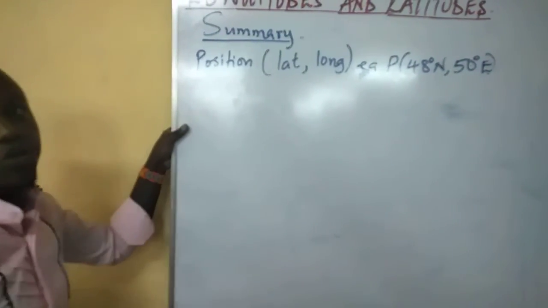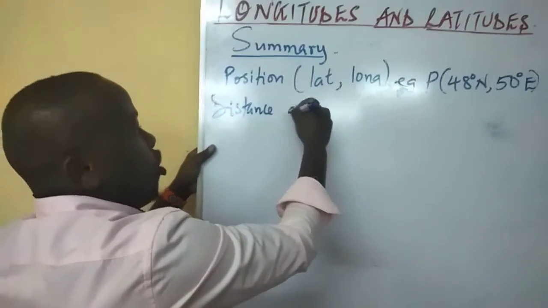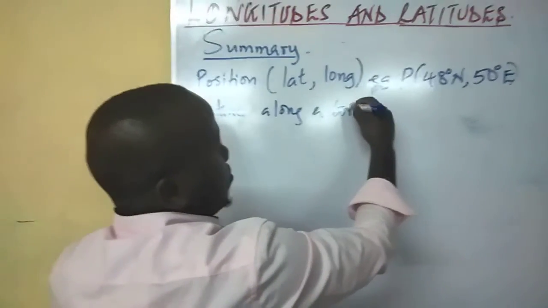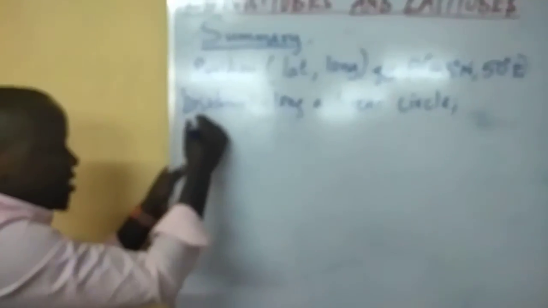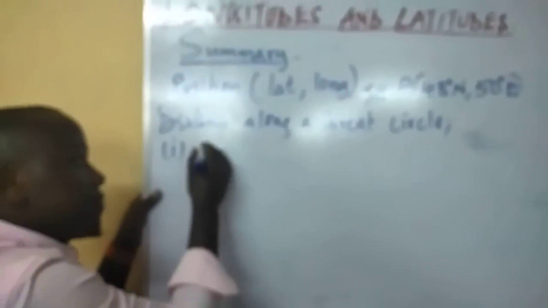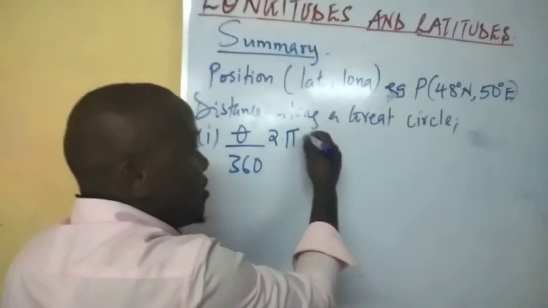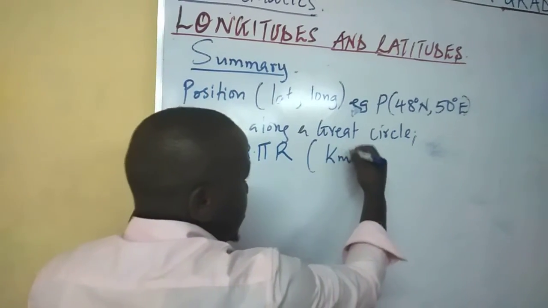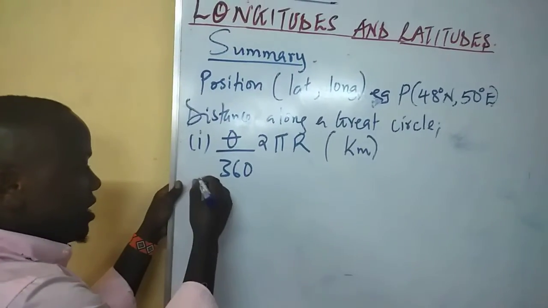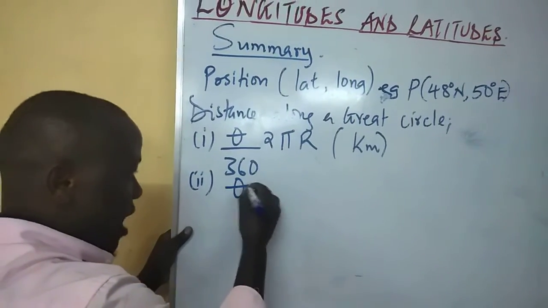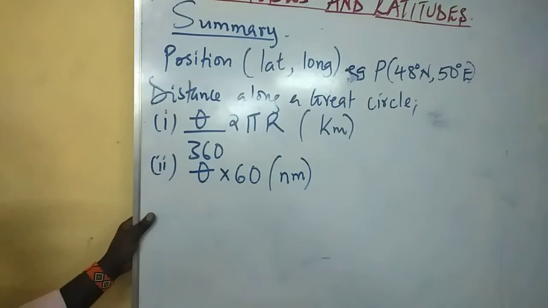Again, something we should master is distance along a great circle. Distance along a great circle is given by theta over 360 times 2 pi r. This is in kilometers. And for this same circle, distance is given as theta times 60. This is for nautical miles.